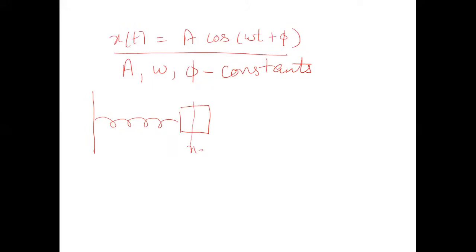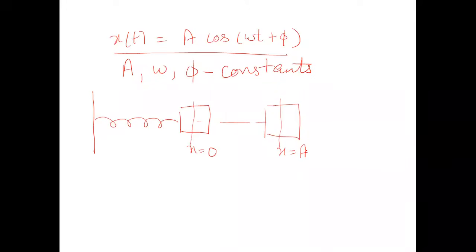Let's say this is your equilibrium position and this is your maximum displacement, when your x is equal to A. So omega is another constant, but phi, the phase constant, is decided by your initial conditions.